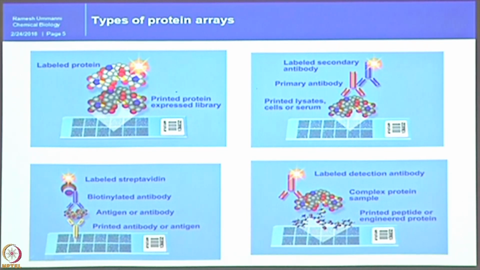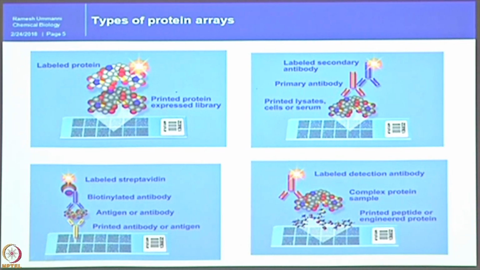If you add pre-labeled protein to the glass slide, and the printed proteins have interaction partners in the lysate, they will attract and immobilize them. When you wash, other proteins get washed away and those bound remain on the slide and you can visualize them. Then you can see that protein X, which is labeled, bound to protein Y on the glass slide, which means they are interacting with each other.